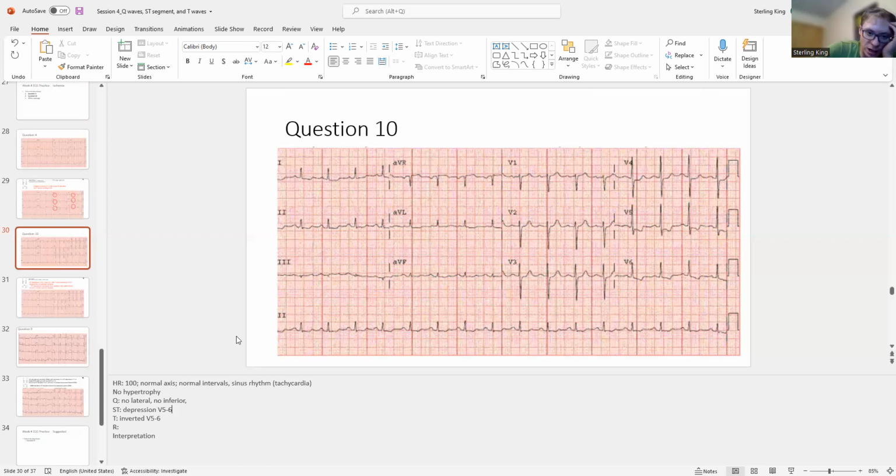So 2 is depressed. The other ones are hard to read, but only 2, so it's not contiguous. So we're not going to put it down because it needs both. T waves. We're looking inferior, so up, probably normal. Yeah, it looks normal. So normal, inferior. R wave progression.